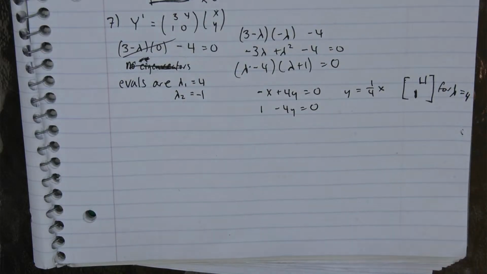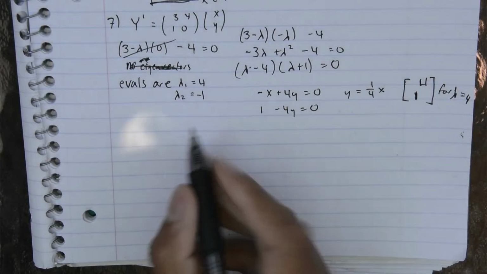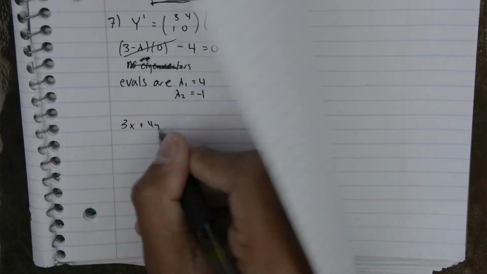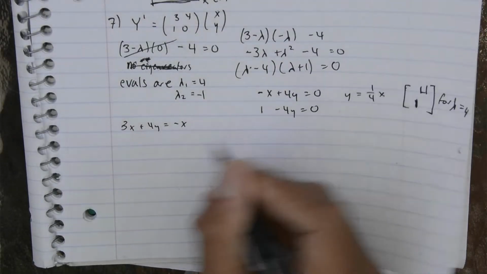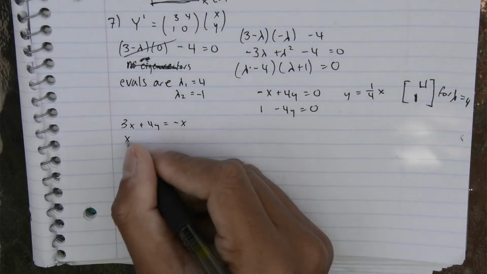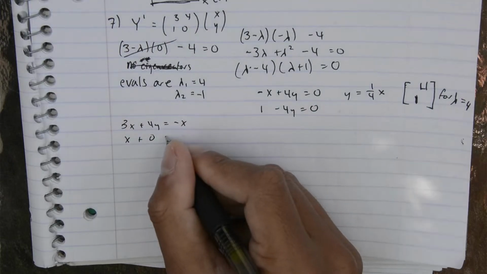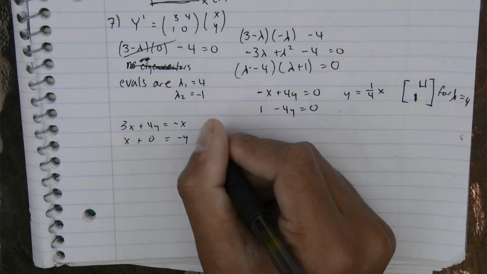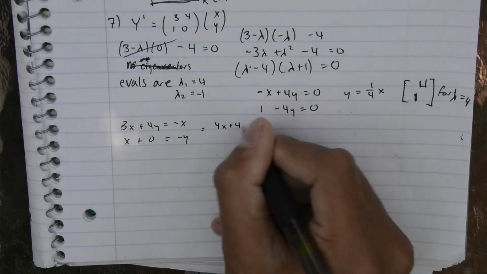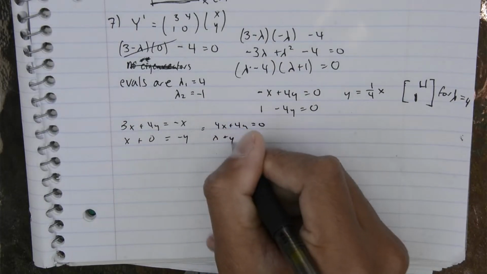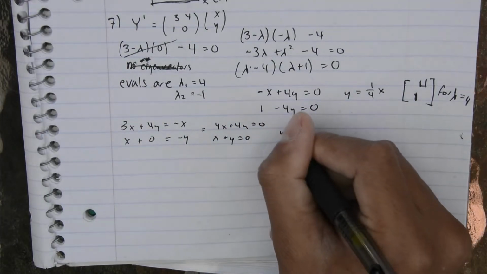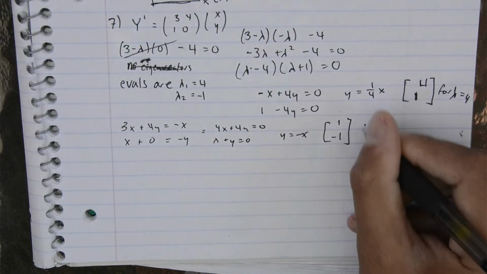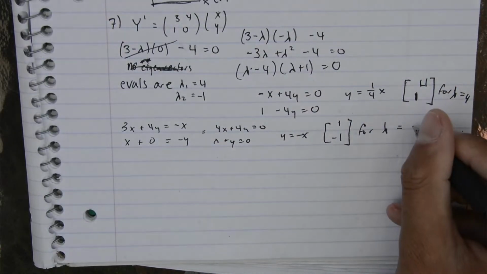All right. So then the second one is going to be 3x plus 4y is equal to minus x, and x plus 0 is equal to minus y. So then we get 4x plus 4y is equal to 0, and x plus y is equal to 0. So y is equal to minus x. This is going to be 1, minus 1 for lambda equal to minus 1.